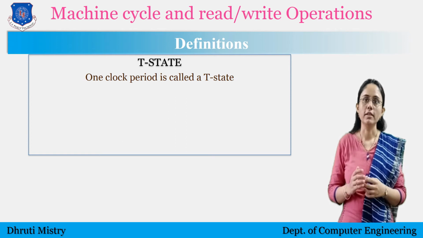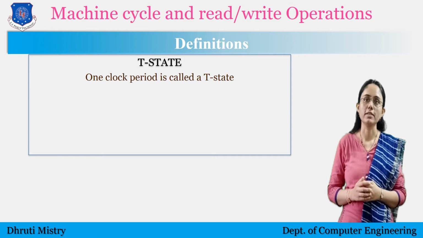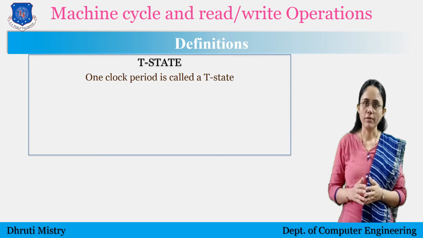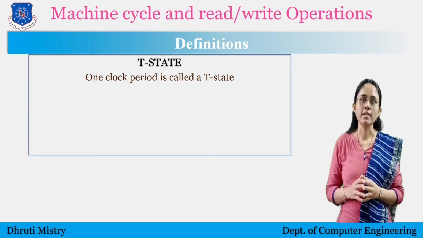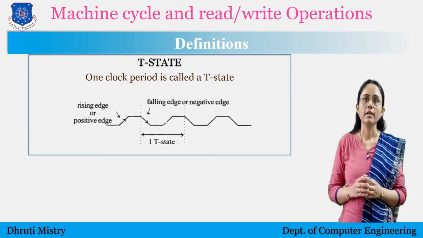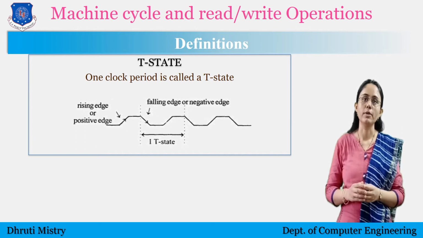For studying the rest of the concepts, it becomes a basic unit of measuring time. The 8085 divides the clock frequency provided at X1 and X2 inputs, which are crystal input pins, by 2, which is called operating frequency. One T-state is equal to the time period of the internal clock signal of the microprocessor.